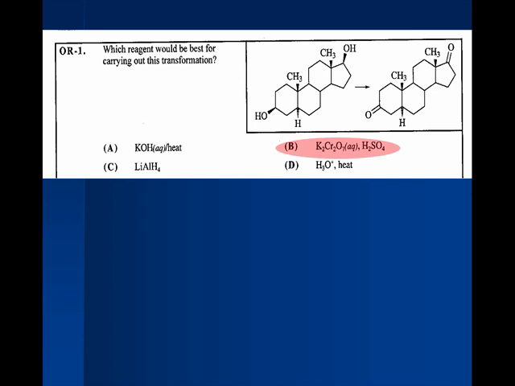PCC is a little more expensive than potassium dichromate, but it'll still do the chemistry. PCC will take a secondary alcohol to a ketone just like Jones reagent will. Just about any oxidizing agent would have done this for us. Your book has other ones listed as well. You need to have those memorized also.